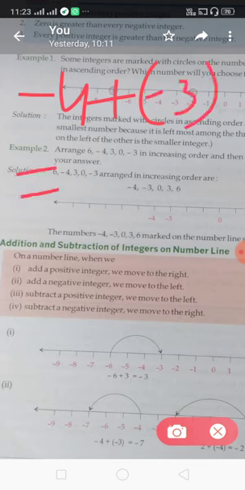First you see that two signs are written consecutively, and in between them there is no digit. So what you will do, you multiply these signs. This plus into minus, you will get -3.